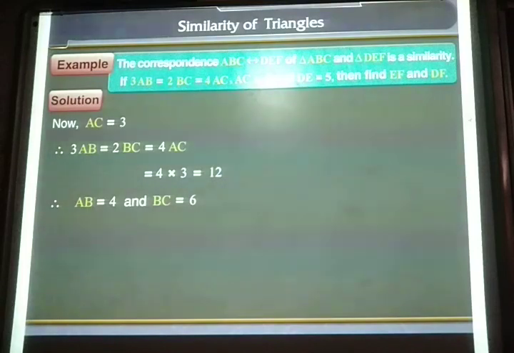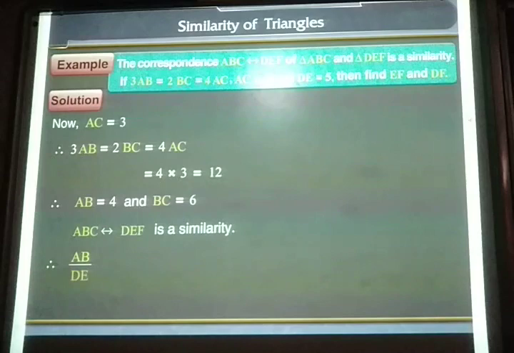The correspondence between ABC and DEF is a similarity. Therefore, AB upon DE is equal to BC upon EF is equal to CA upon DF.